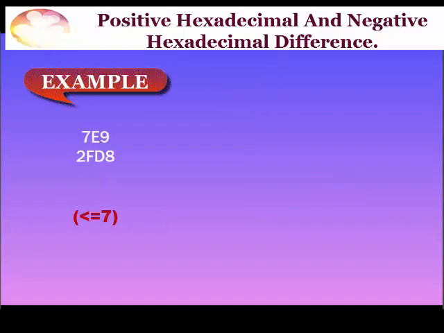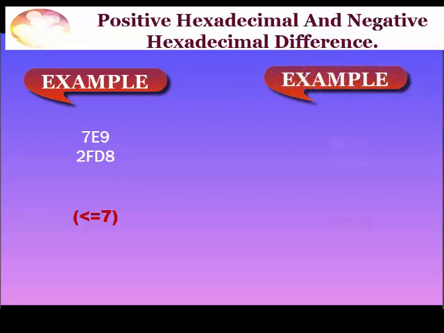For example, if a hex number is 7E9 or 2FD8, these are considered positive hexadecimal numbers, because if we look at the leftmost digit, it starts with a digit which is less than or equal to 7.